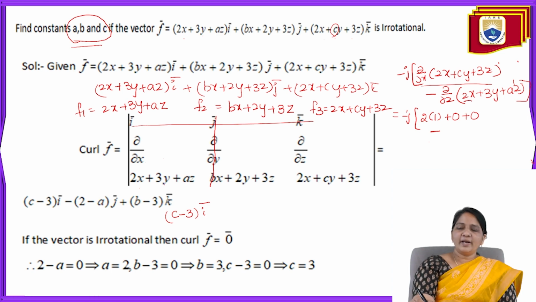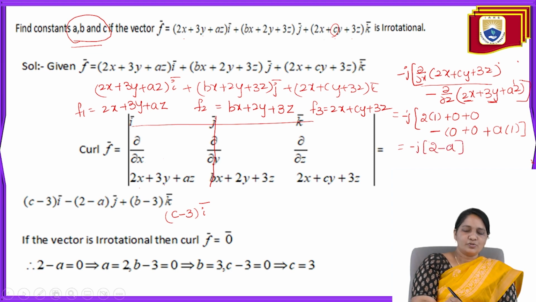So 2 and x both are constant, so the first term is 0, plus 3 and y both are constant, so the second term is also 0, plus a into the z derivative, which is 1. So finally this is minus j bar into (2 minus a).